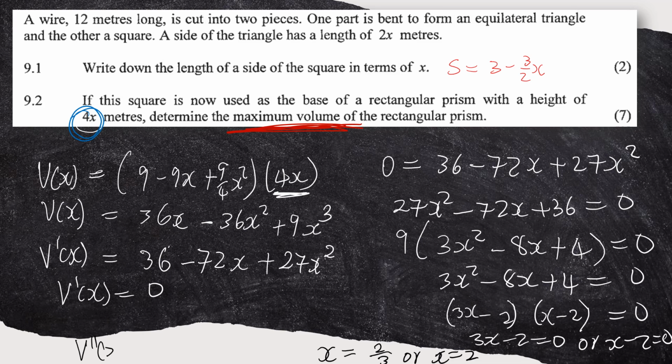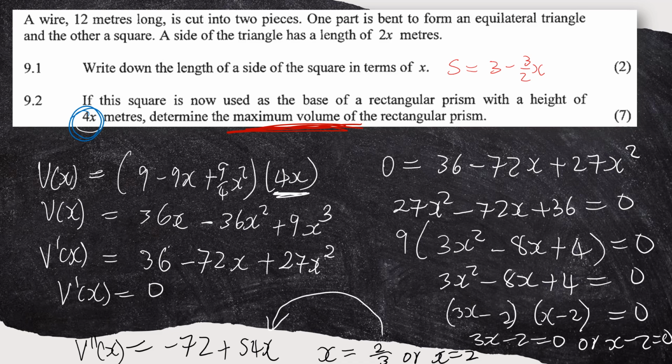So I'm going to get the second derivative. From here, 36 will be 0, and this will be minus 72 plus 54x. Okay, that's the second derivative. If I now substitute x equals 2/3, I'm just doing it on my calculator: minus 72 plus 54 into 2/3.